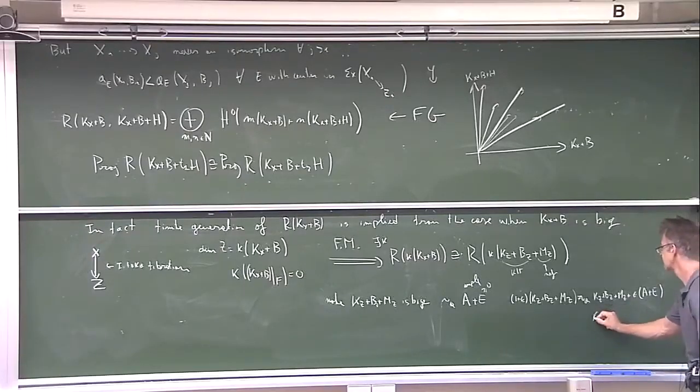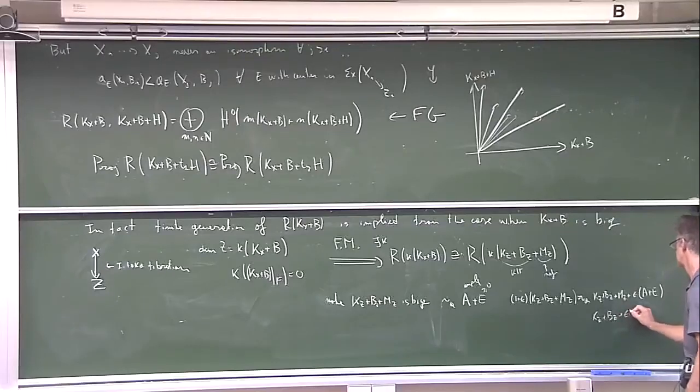So this is the same as KZ plus BZ plus epsilon effective divisor plus MZ plus epsilon A.